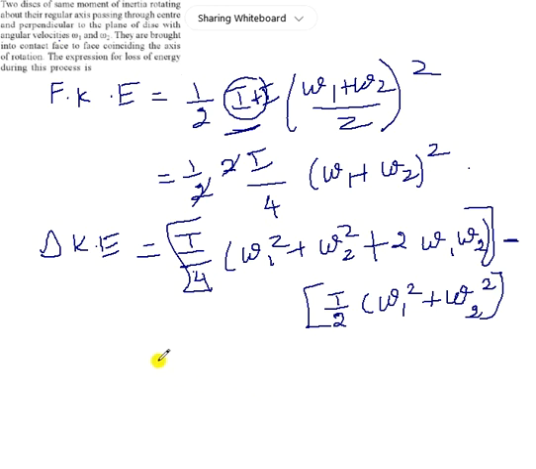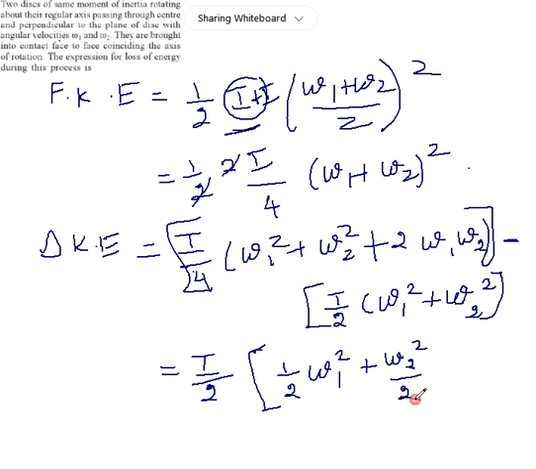Yes. In both of them I by 2 is common, so let us take that I by 2 out. Then what you are going to have is 1 by 2 omega 1 square, plus 1 by 2, which I am multiplying inside, omega 2 square, plus, since this 2 and this 2 get cancelled, omega 1 omega 2.